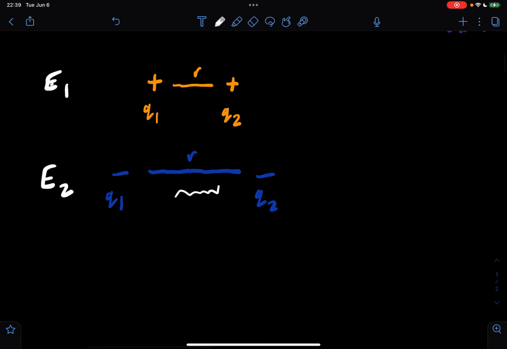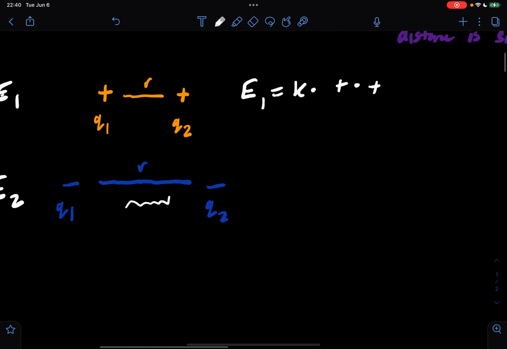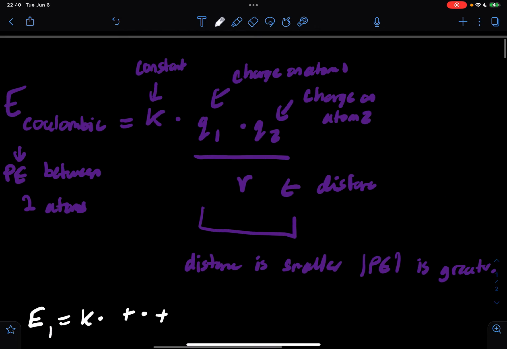So when we're actually thinking about this in terms of Coulomb's law, let's write this out. The energy of 1 is going to be equal to the constant multiplied by Q1 times Q2. Remember, this is all from the equation up here.